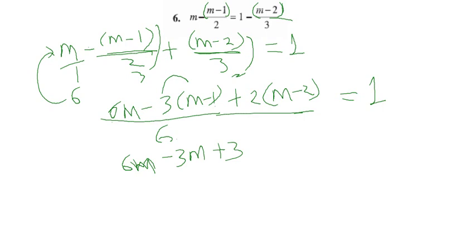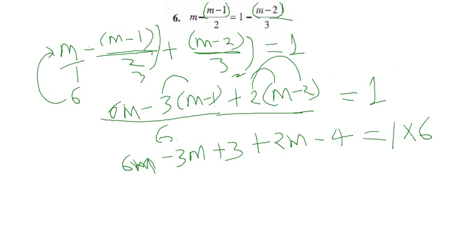That's important here. Then again, this 2 you multiply with m, this becomes 2m, and 2 multiplied with minus 2 becomes minus 4. And this 6 if I take on the other side, it goes on the top. So it was in the denominator on one side, on the other side it will go in the numerator.